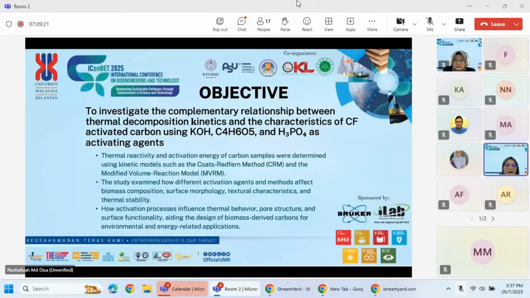And the last one, how the activation process influences thermal behavior, pore structure, and surface functionality, aiding the design of biomass-derived carbon for environmental and energy-related applications.